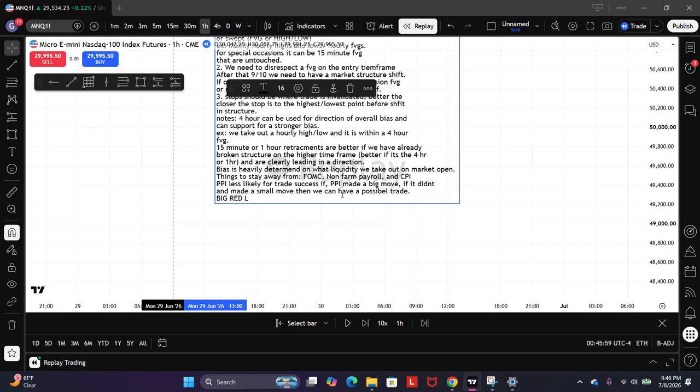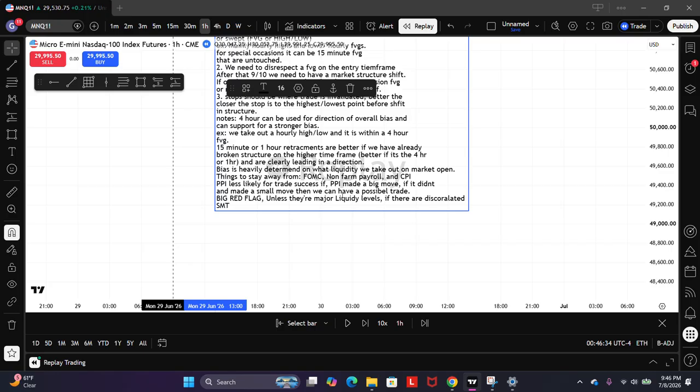Big red flag, unless there are major liquidity levels, if there are discorrelated SMTs, then do not trade.